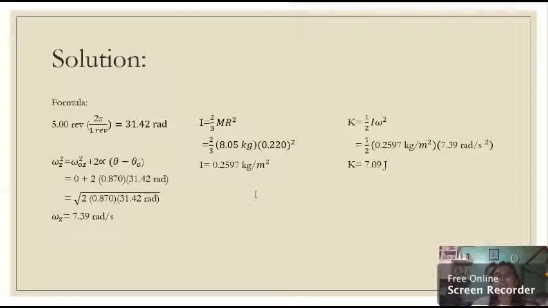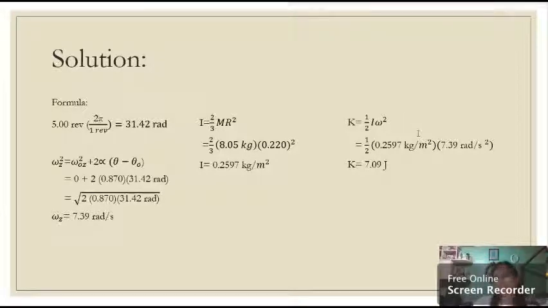And then we computed for the things that we need in order to get the kinetic energy. We computed for I and we computed for omega. So we can now use the formula in getting the kinetic energy, which is 1/2 I omega squared.